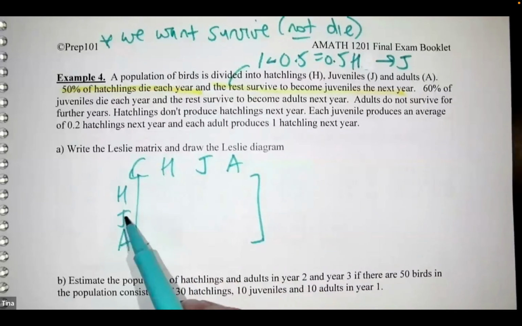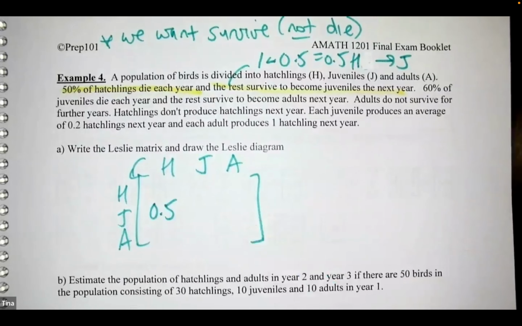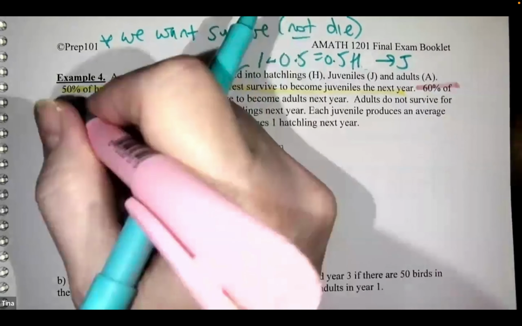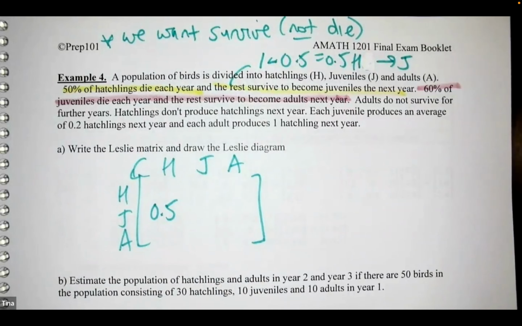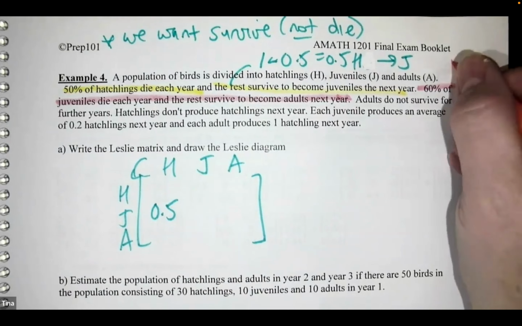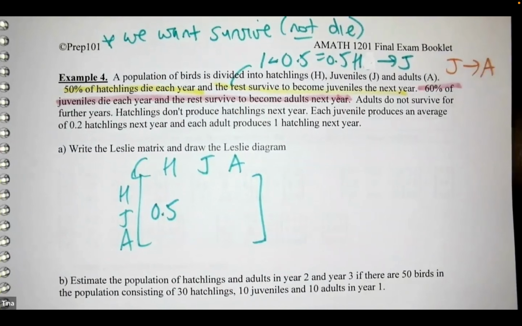So hatchling to juveniles, 0.5. Okay, 60% of juveniles die each year. The rest become adults. Okay, so think about that number. 60% of juveniles die, the rest become adults. So fill that in your matrix, what you think it would be here.